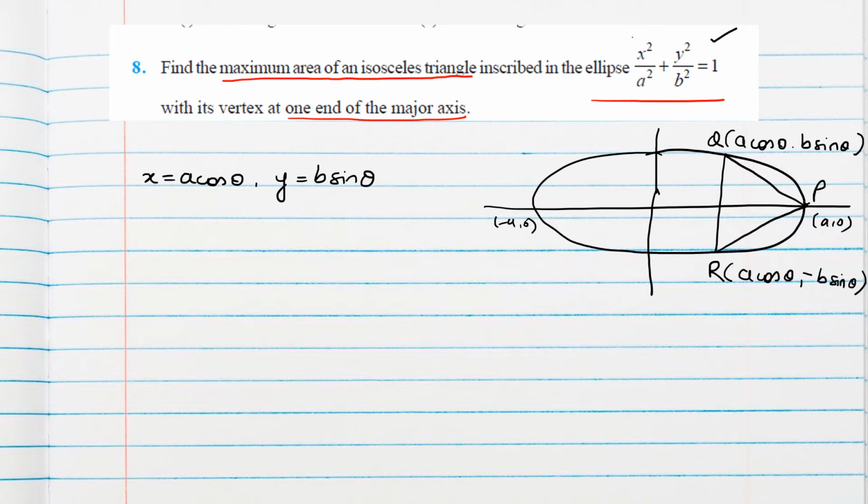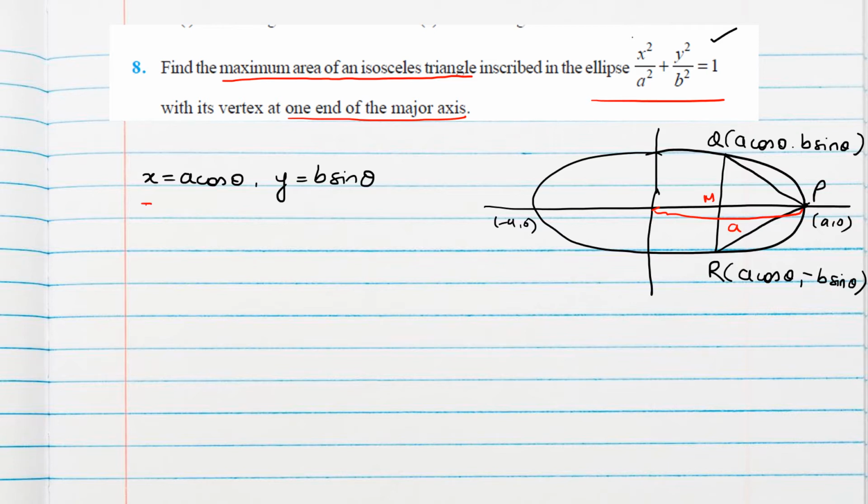Now this is the origin, so from here to here the length will be a. Okay, and this point, suppose M, this is perpendicular, so this PM can be the height of the triangle.